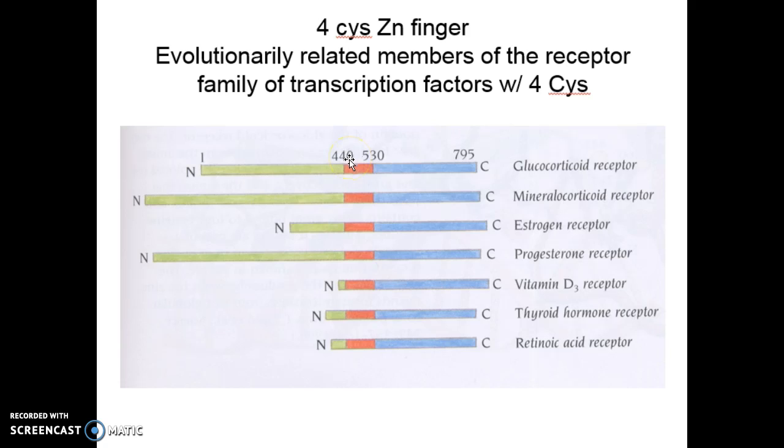All members of this family have a highly conserved DNA binding domain containing zinc that consists of about 70 residues and that binds to the activating element of DNA called the hormone response element. The DNA binding domain in red has highly homologous sequences among these receptors, while the ligand binding domain in blue is more variable.